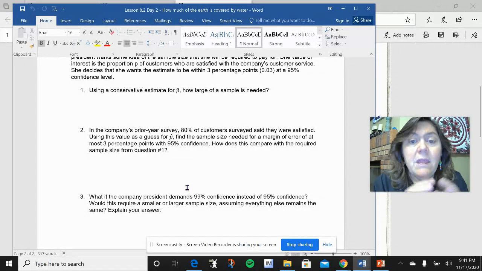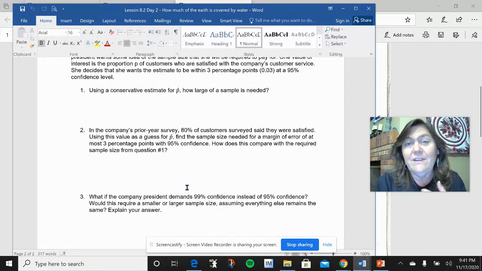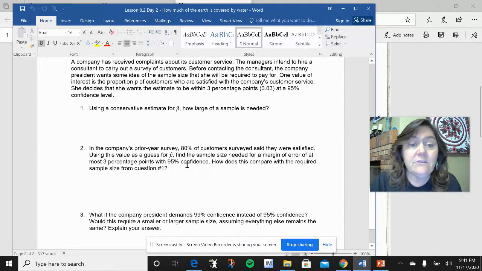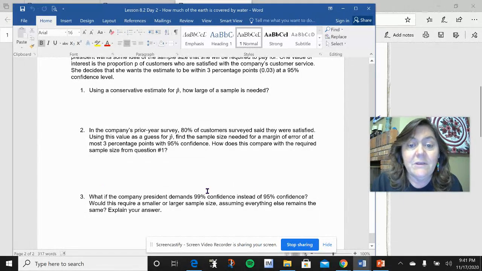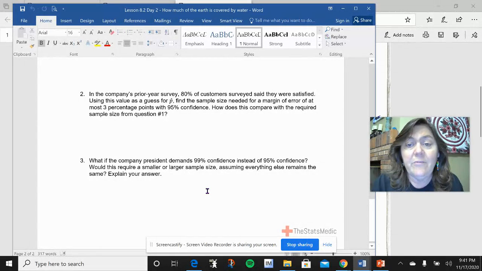You can go look it up. If that changes, what happens to my sample size? If I'm going to be 99% confident, would I need to get a larger sample size or a smaller sample size to get that done? So I'm going to ask you to put these answers to 2 and 3 in Edpuzzle for me, and then I will come back and show you the answers to them, and we'll be done.